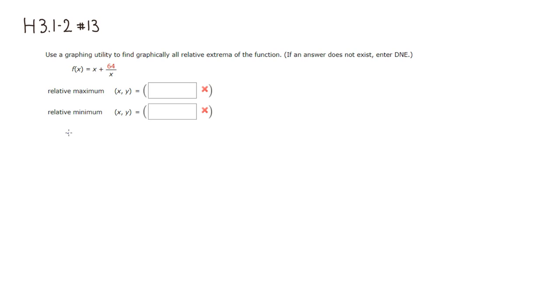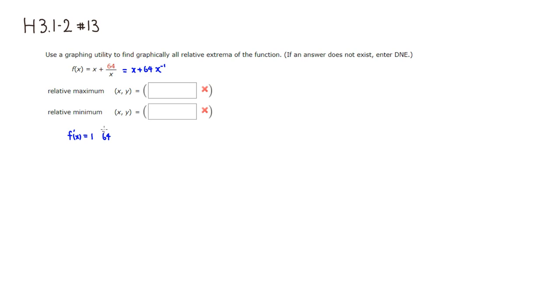Actually, before that, I'm going to rewrite it as x plus 64 times 1 over x, where 64 is just a constant multiple, and 1 over x is x to the negative 1. Then the derivative f prime of x is equal to the derivative of x, which is 1, and 64 is just a constant.